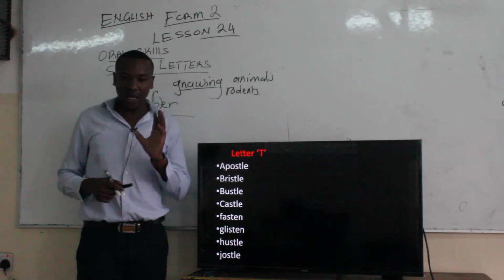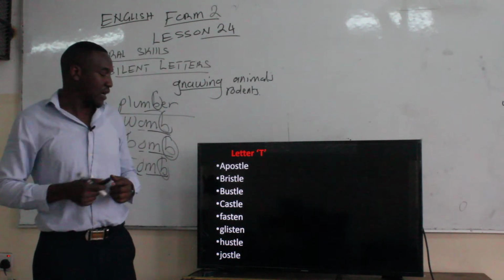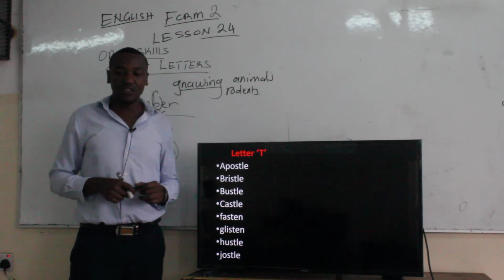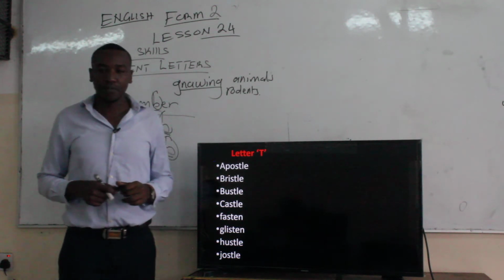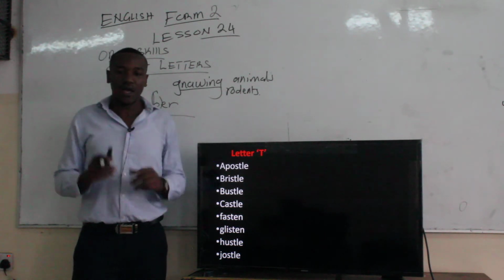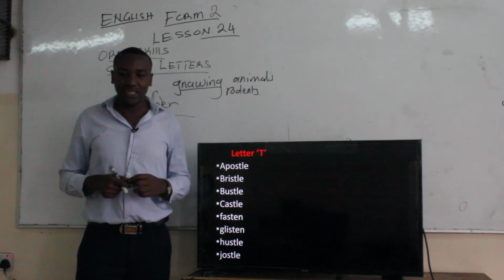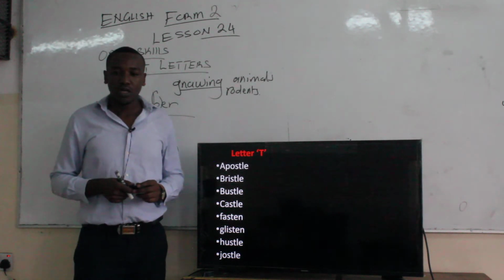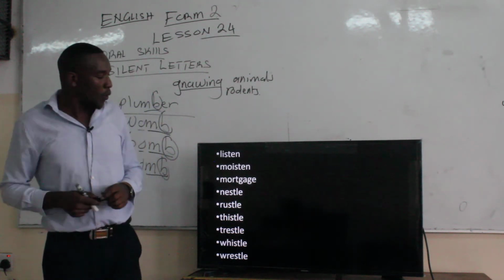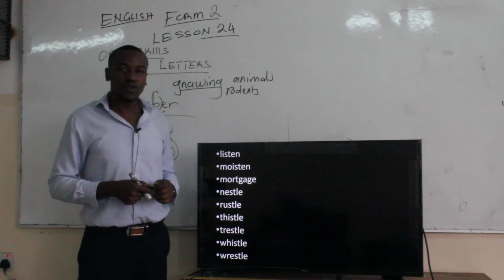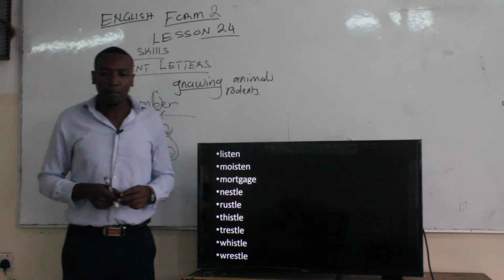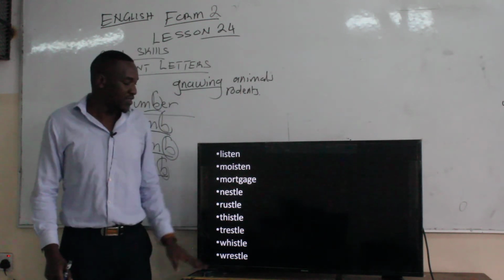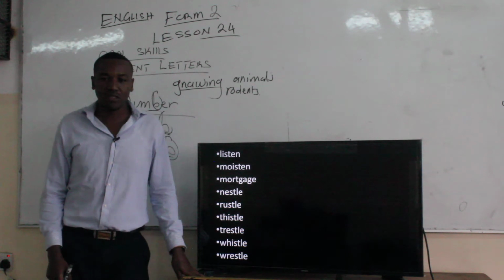Again, just like the word often, that most of us pronounce wrongly, it's supposed to be said often. So fasten, we have glisten, hassle, hustle, jostle. More words: listen to what I'm saying, moisten. We have this word, loans on building houses, mortgage.